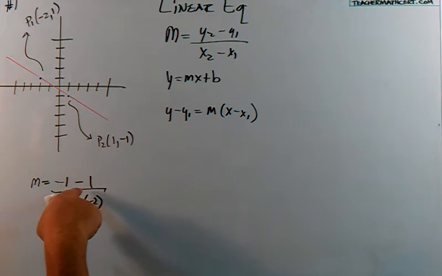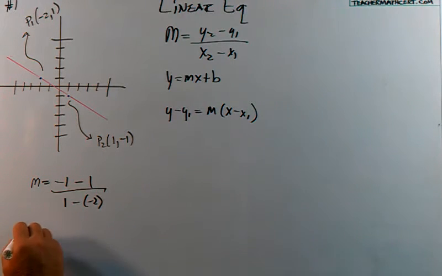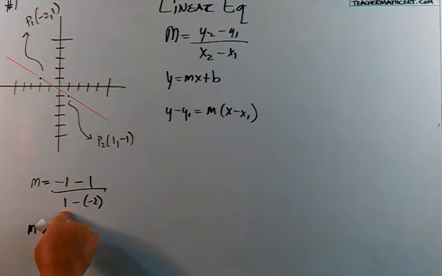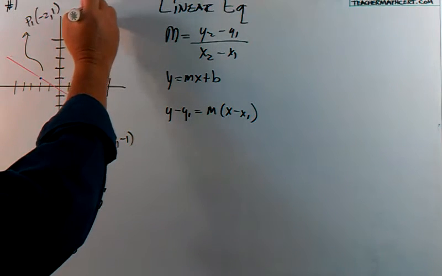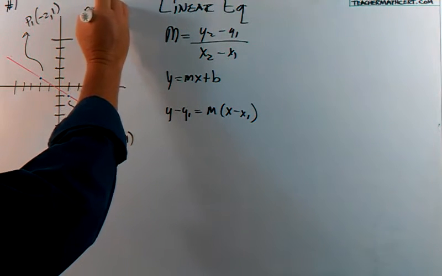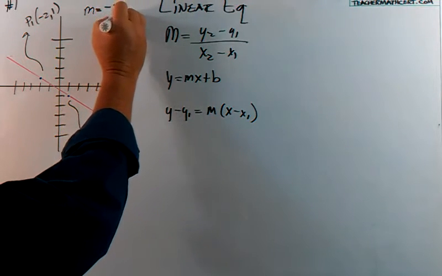Freshening this up a little bit, we've got minus 1 and a minus 1, so m is equal to negative 2 over, negative times a negative gives us a 2 plus 1, that's going to give us a 3. So our slope is minus 2/3. So I'm going to write that up here. M is equal to minus 2/3.